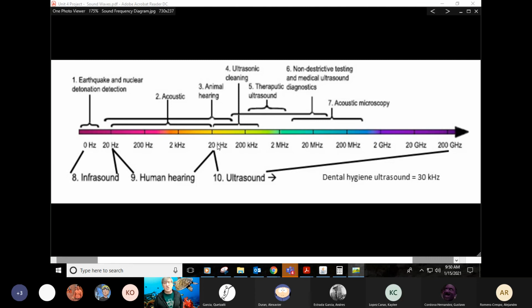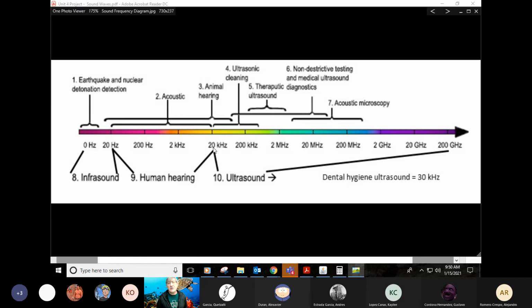So if you're ever shopping for speakers or headphones, you should look to see what its frequency response is. What is its range of frequency? If it only goes from 200, you're not going to hear the lowest bass sounds that are part of the music. If it only goes up to 10,000, you're not going to hear all the treble.